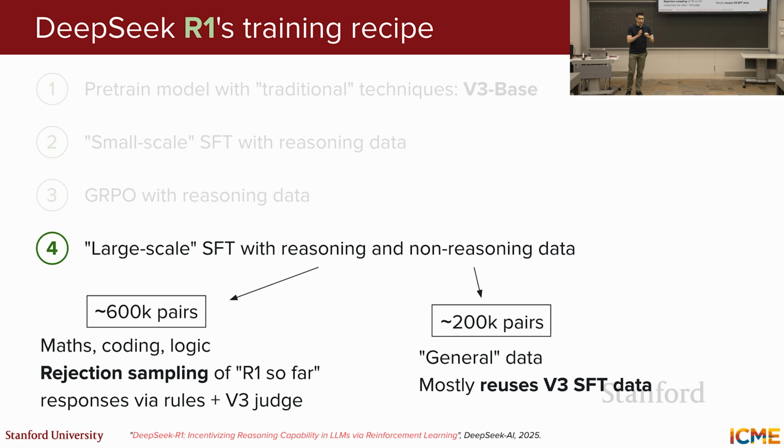And then based on the output and with some judge, they would keep some answers and reject others, such that the resulting data set would be of very high quality. So this is what they call rejection sampling. It's just the fact of filtering out any answers that are not perfect.